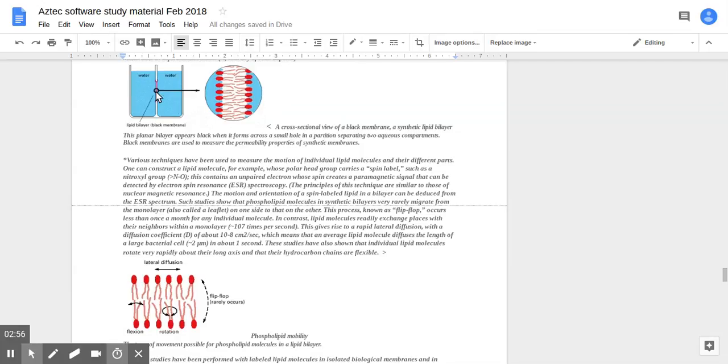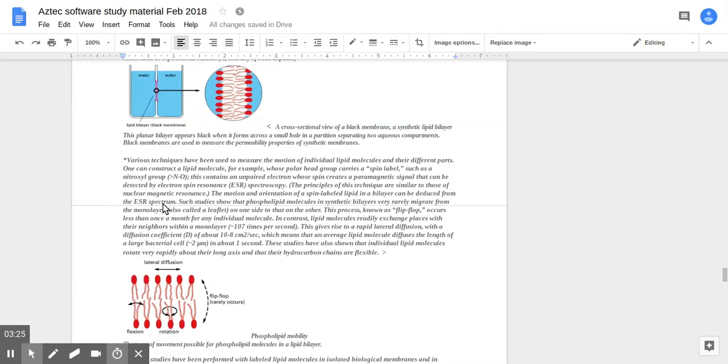Also here you have two aqueous compartments, and in an experiment they show that membranes can be measured as to how permeable they are when they make synthetic membranes, also called black membranes. And they make synthetic lipid bilayers.